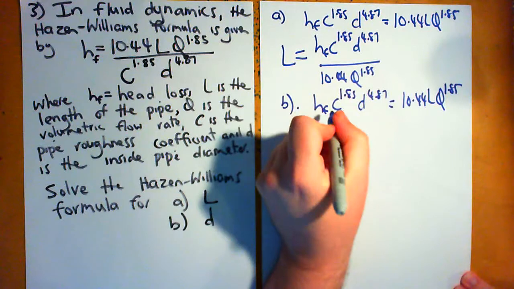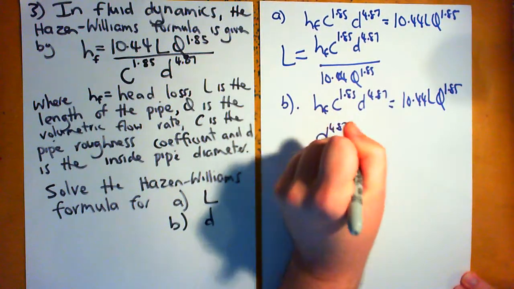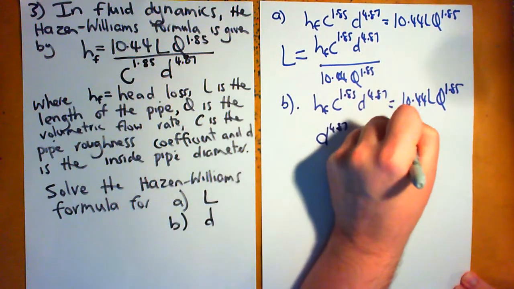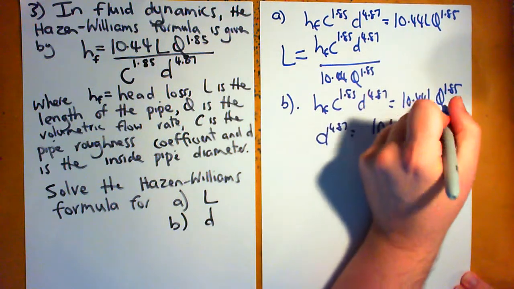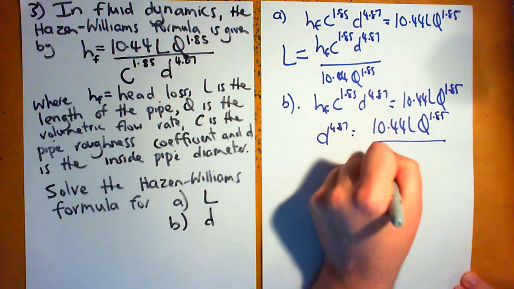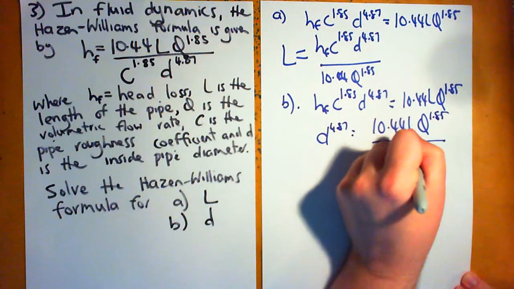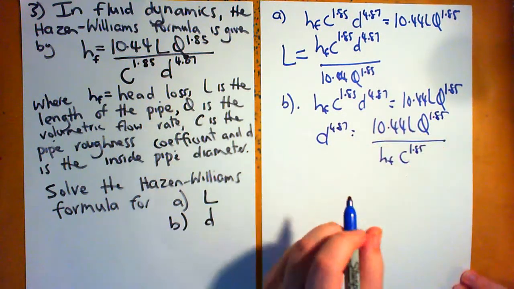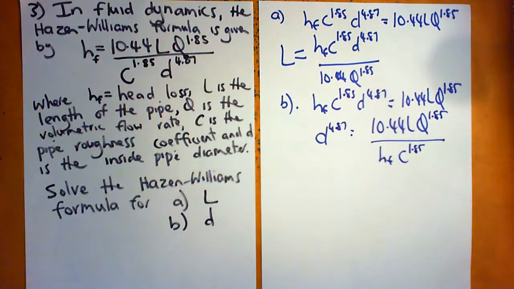So we get D to the 4.87 equals 10.44 L Q to the power of 1.85 divided by Hf C to the power of 1.85. Okay, so now we need to look at getting rid of that power of 4.87.